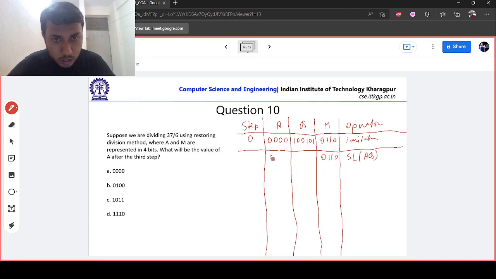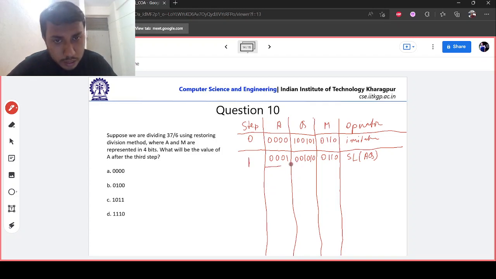It will be 0 0 0, and this one will come here, 0 0 0 1. Now it will be 0 0 1 0 1 0, because it will always be shifted 1 to the left, and the last bit will be 0 as the result.